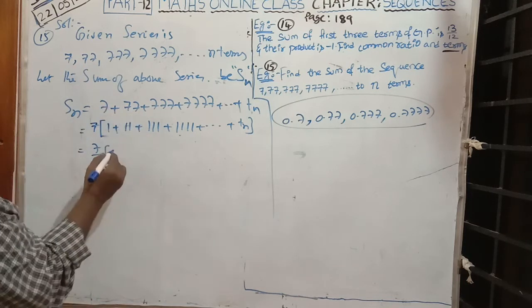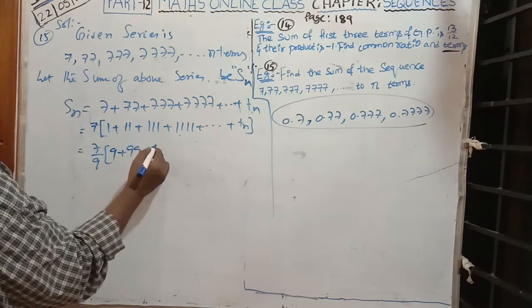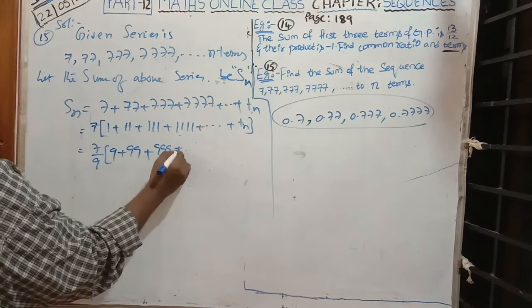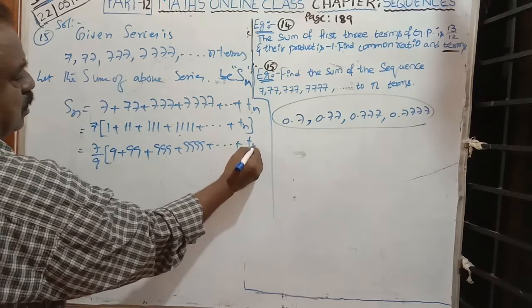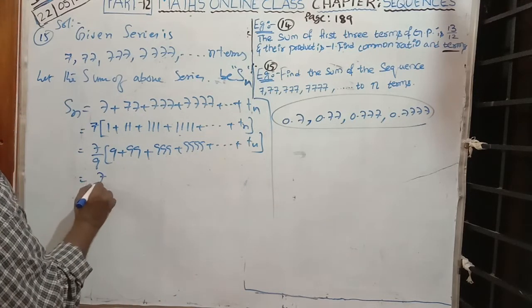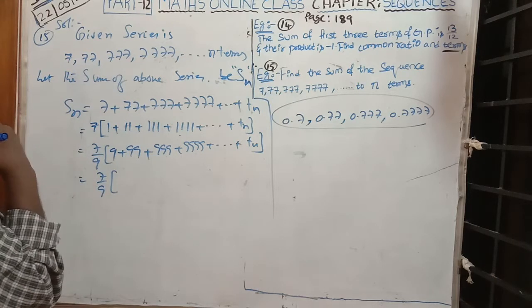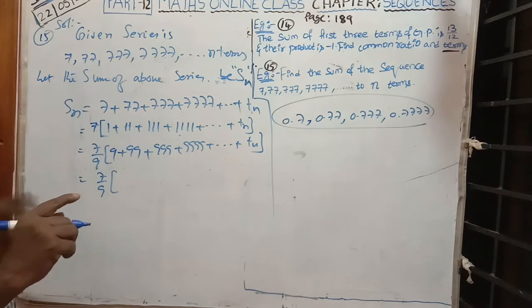The 9 is inside. 9 into 1 is 9, 9 into 11 is 99, 9 into 111 is 999, and so on up to the nth term. It is 7 by 9 into, okay? This 9 can be taken up to this one.